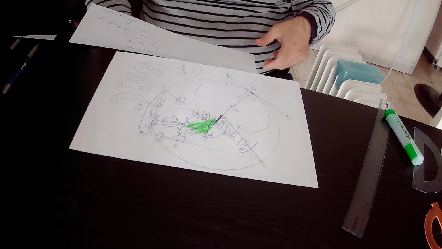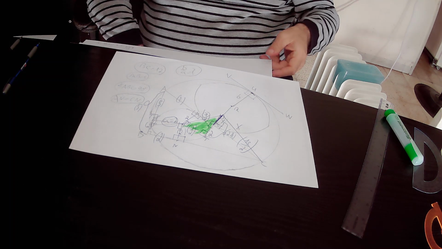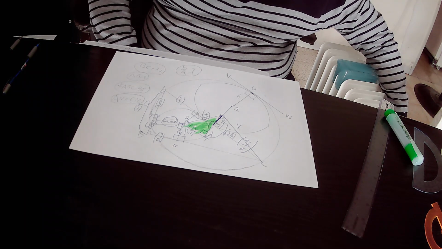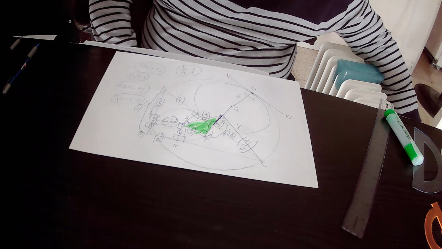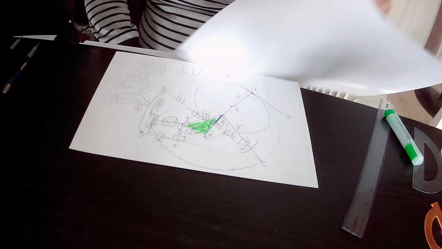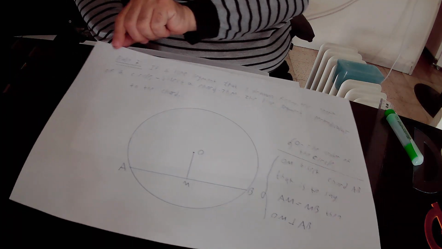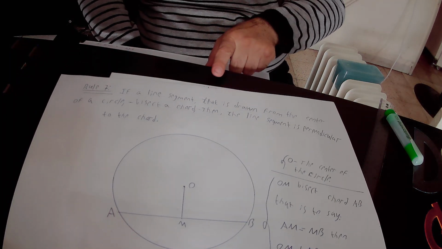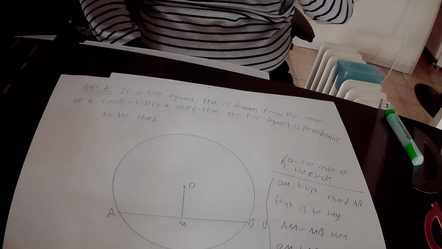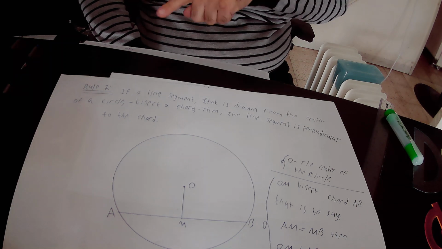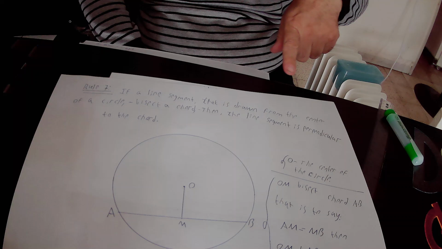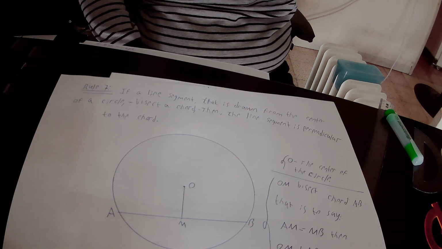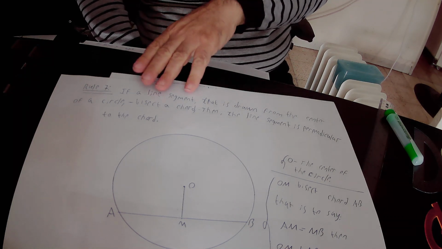Then I presented to you rule number 7 and we implemented rule number 7 in our drawing. According to rule number 7, if a line segment that is drawn from the center of a circle bisects a chord, then the line segment is also perpendicular to the chord.